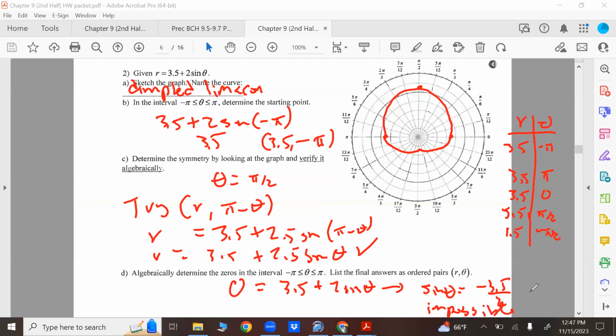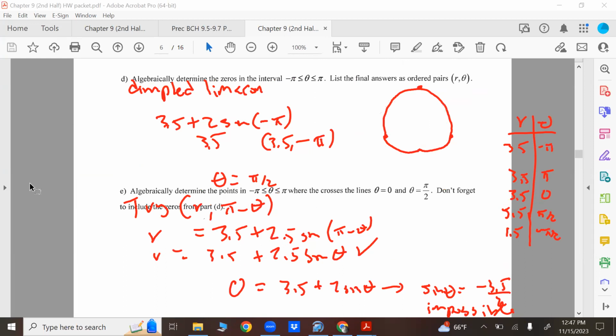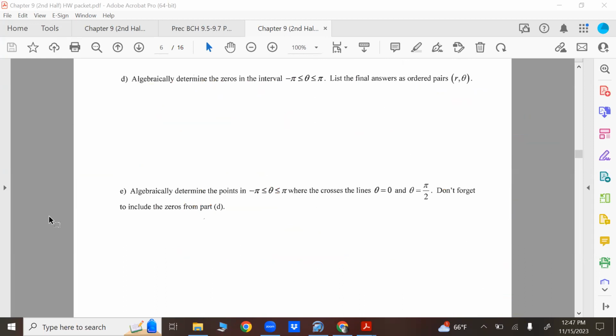And then for E, plug in 0 and pi over 2. And while we're at it, we'll also plug in negative pi and negative pi over 2. So I'll plug in, let's see here. Theta equals negative pi over 2. Theta equals pi over 2. Theta equals 0. So for negative pi over 2, you should get 1.5.